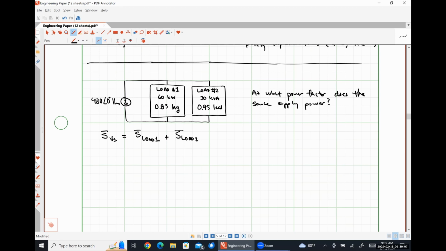So if I can figure out what complex power is absorbed by load one and what complex power is absorbed by load two, I can then figure out the complex power supplied by my source. So let's talk about how we're going to figure out the complex power absorbed by load one.